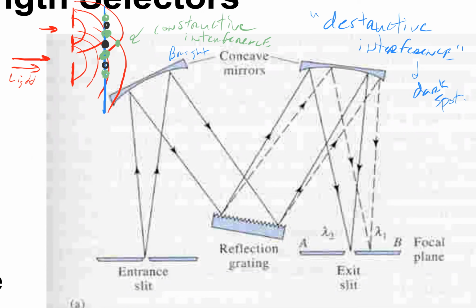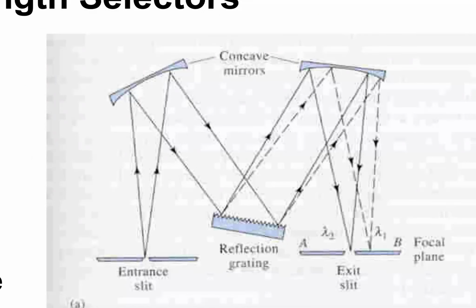So because of that, what happens in one of these devices is that at this reflection grating, each individual facet or groove, remember there's grooves on the surface, each groove acts like its own independent mirror or point source of radiation. Just like we had those two slits in that experiment, each groove on the surface of the grating can act like its own point source of light.